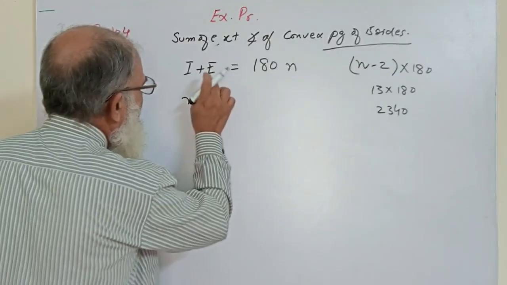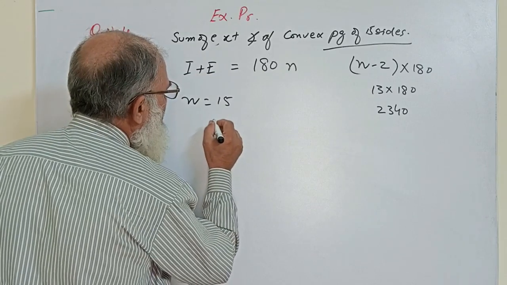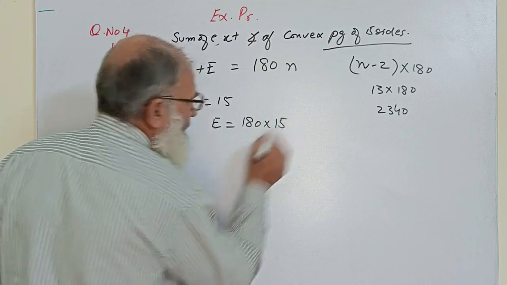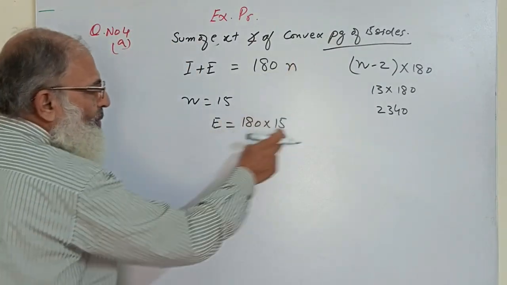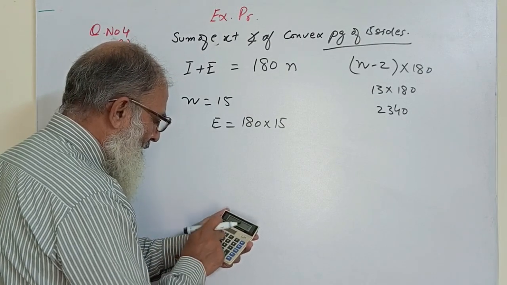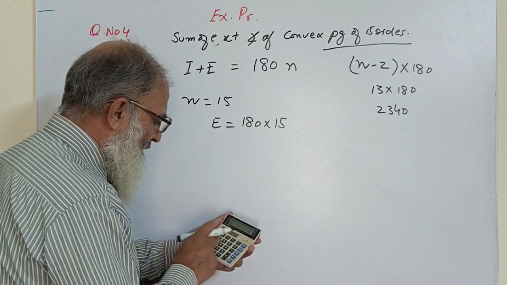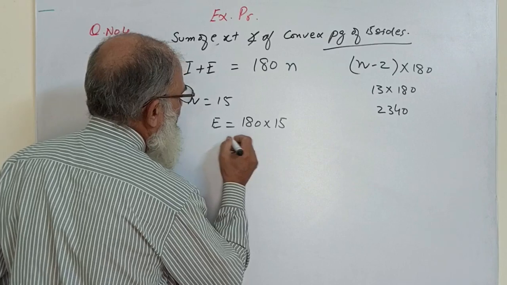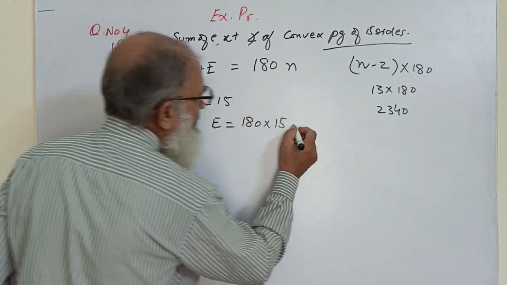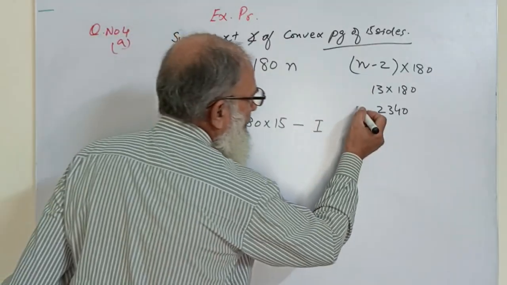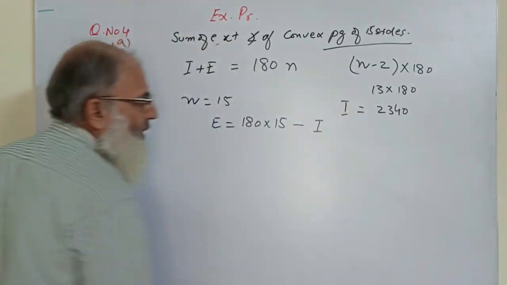Now you see that we have to find E. So E is equal to 180 multiplied by n, again putting n as 15. 180 multiplied by 15 is equal to 2700, minus I. Minus I is always there, and this is I, you know.